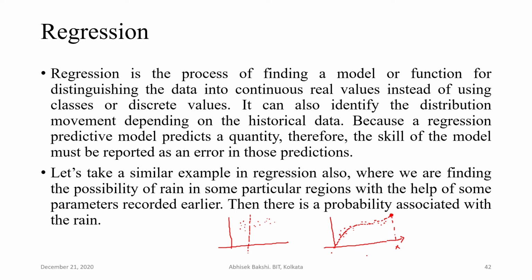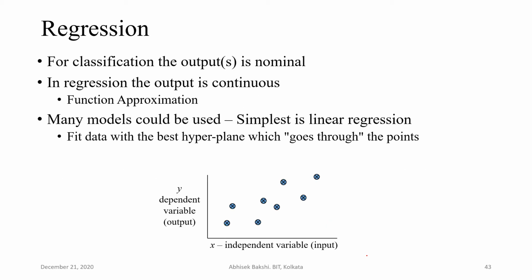It is totally different. Okay, so for example, something like this, where we have a set of points. Ultimately, what will be our goal? Our goal will be to fit a line over here, and obviously, in most cases, it is not possible that the curve will touch each and every point.